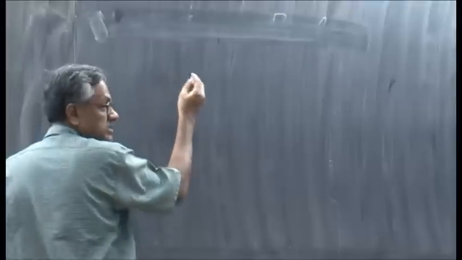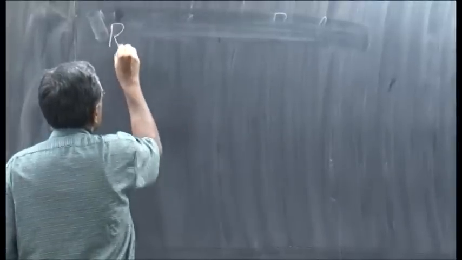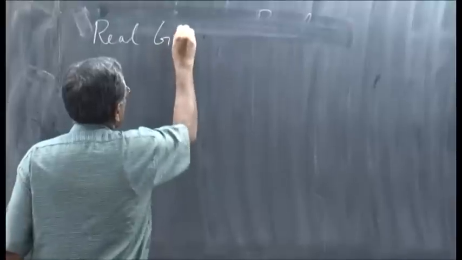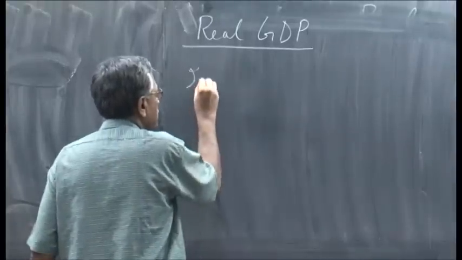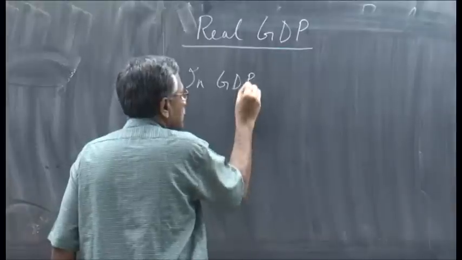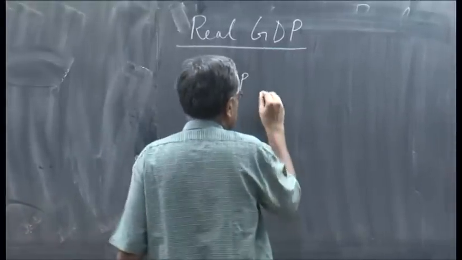Now let me tell you a very interesting and very useful measure of a real variable, how it is done. One very common approach to measure real GDP or real GNP is the following. Now, what is happening in nominal GDP? In nominal GDP, what you usually do is the following.